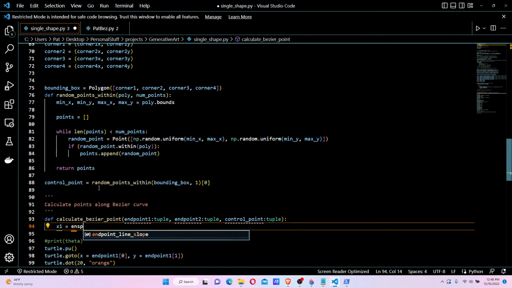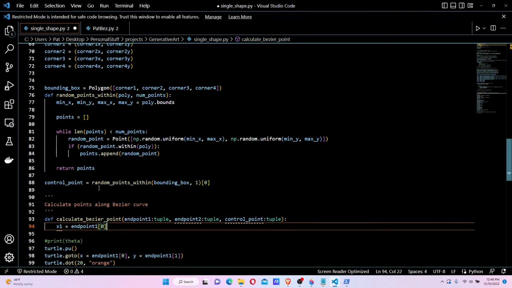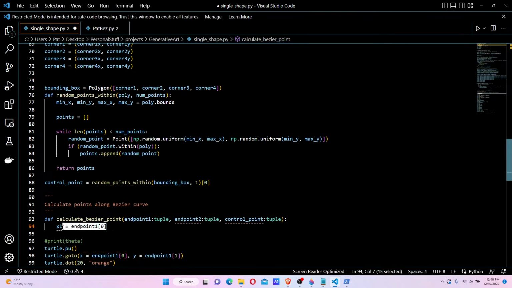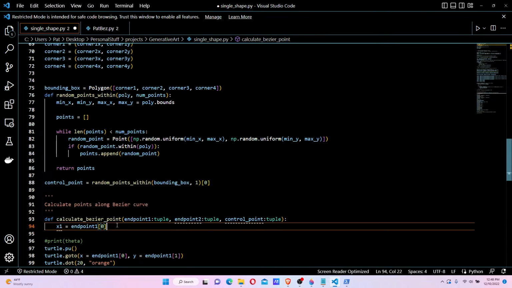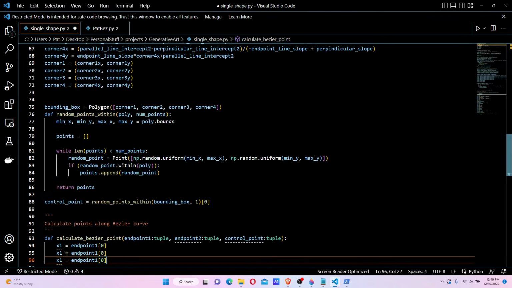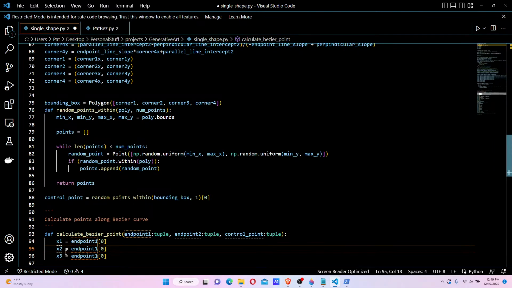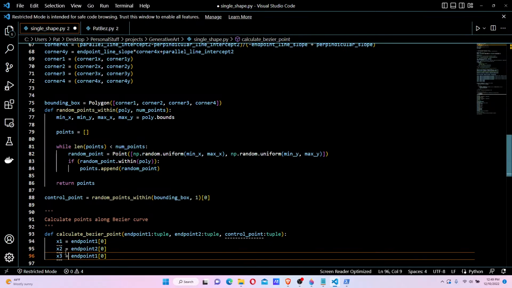x1 equals endpoint 1 of 0. Okay, now we get the x's. So x1, there's also x2 and x3. So x1, endpoint 1 is 0, x2 is endpoint 2 is 0, xc is control point of 0.